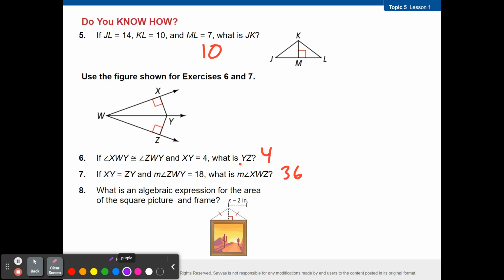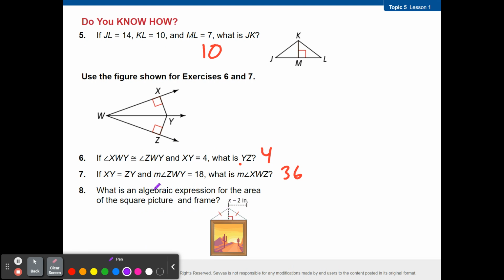And the class falls silent. That's a good question. What is the algebraic expression for the area of the square picture and frame? All right. So we know these are congruent. So this is equidistant.